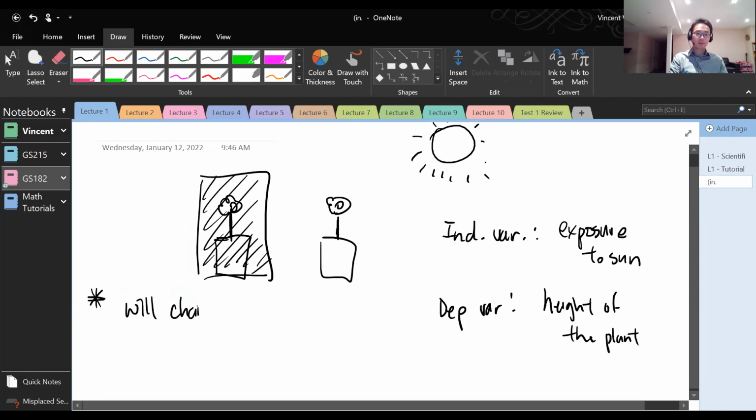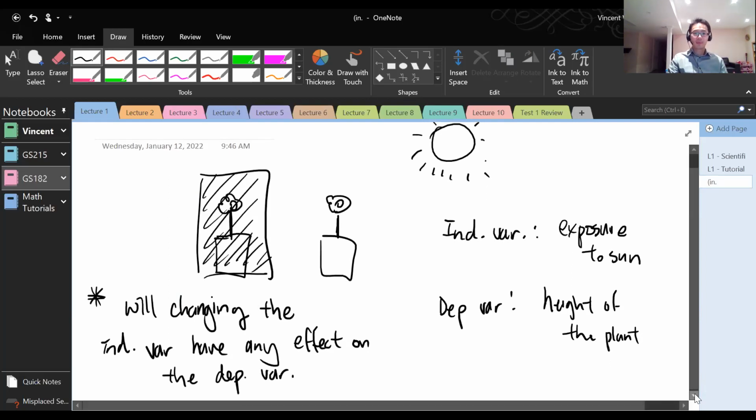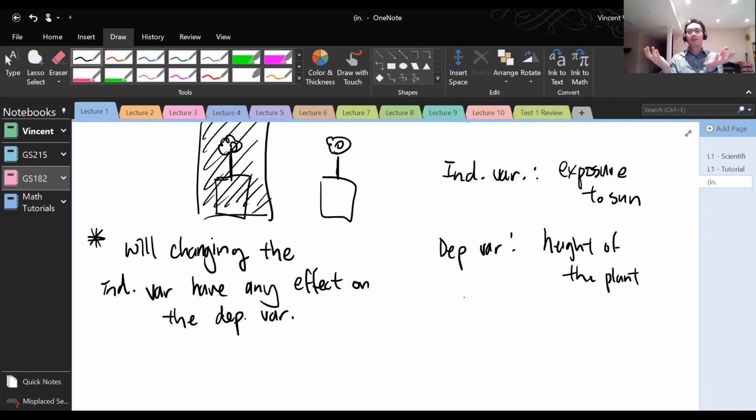Will changing the independent variable have any effect on the dependent variable? So by changing the amount of exposure to sun, will it have any effect on the height of the plant?